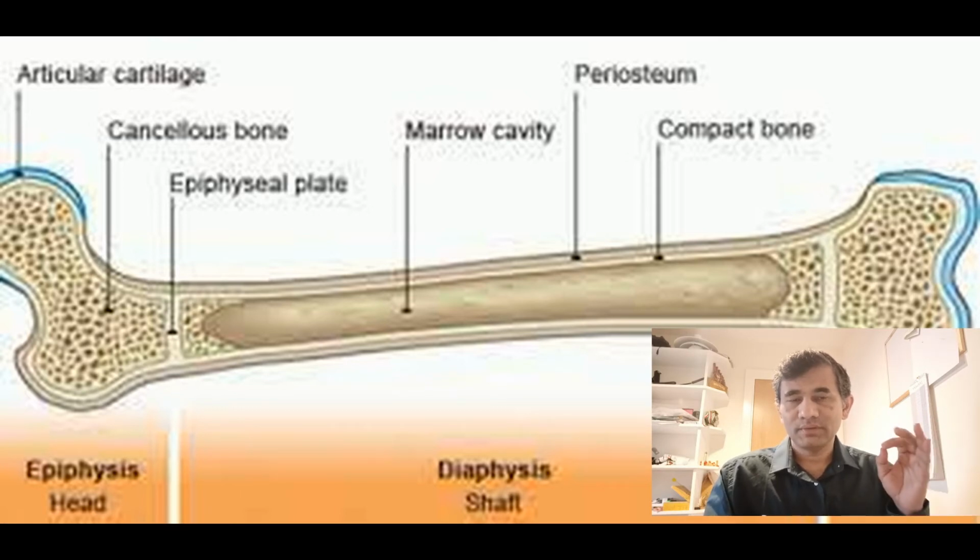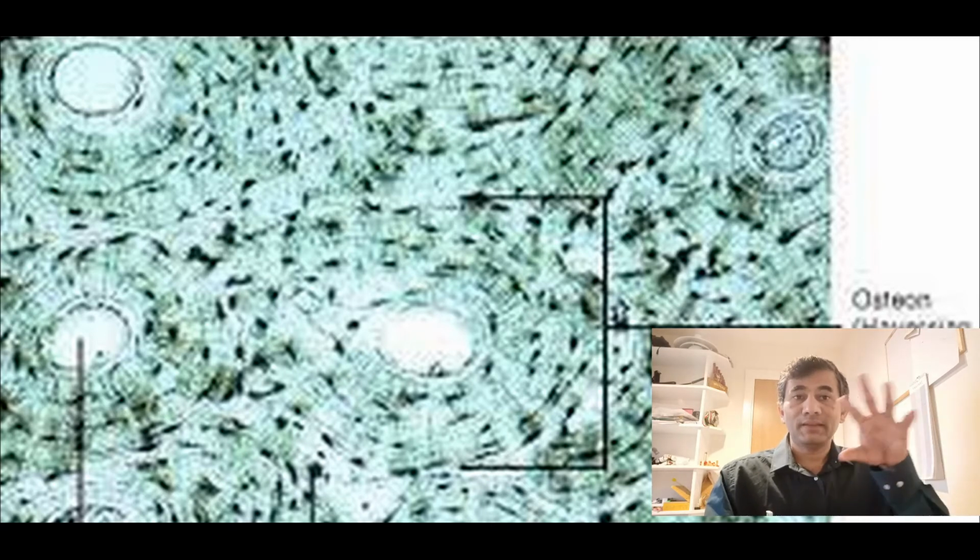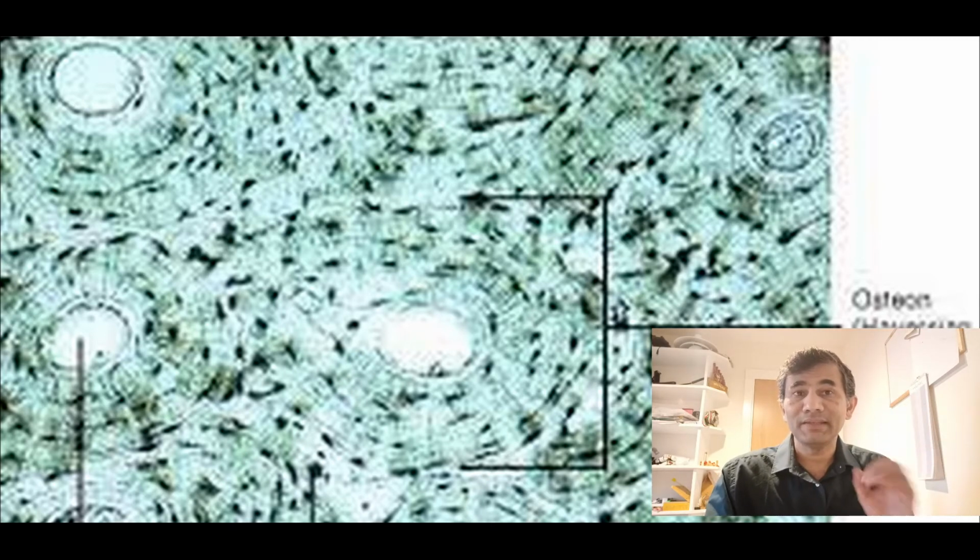Now we know the matrix in the bone is hard, solid. It is made up of inorganic materials like calcium, magnesium salts, and collagen proteins. That is why, because of the minerals, it is called mineralized matrix. The matrix is arranged in the form of concentric rings, and these are called laminae.